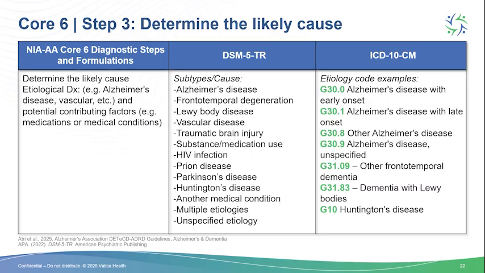It includes Alzheimer's disease and the main related disorders, so frontotemporal degeneration, Lewy body disease, and vascular dementia, as well as several other disorders. It also lists other specified and unspecified causes, which essentially makes it an unlimited list. So the cause is what you've determined it to be. It doesn't have to be picked from the list. These are just common causes.